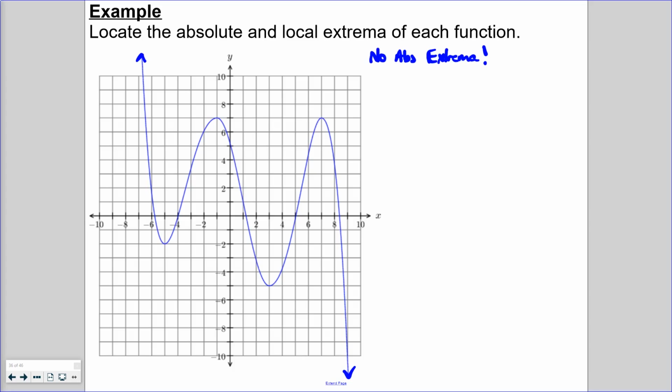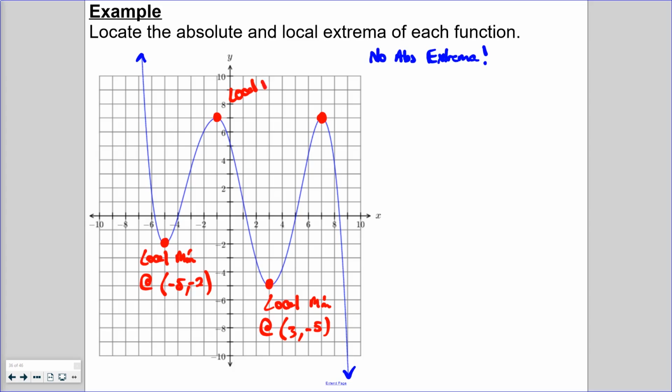And we know locals exist at peaks and valleys, corners and cusps. In this particular function, we only have peaks and valleys. So we're going to have a local or a relative min at the point -5, -2. And we're also going to have a local minimum at the point 3, -5.